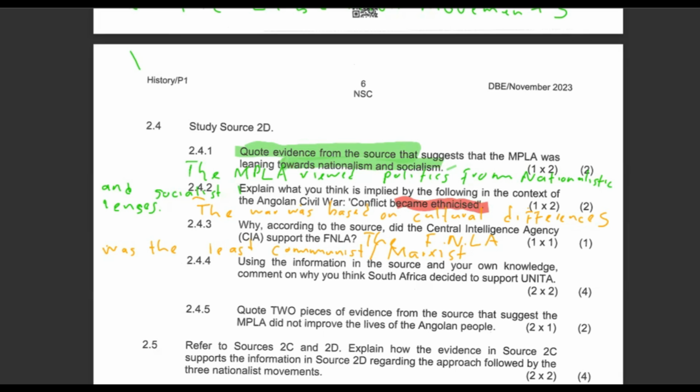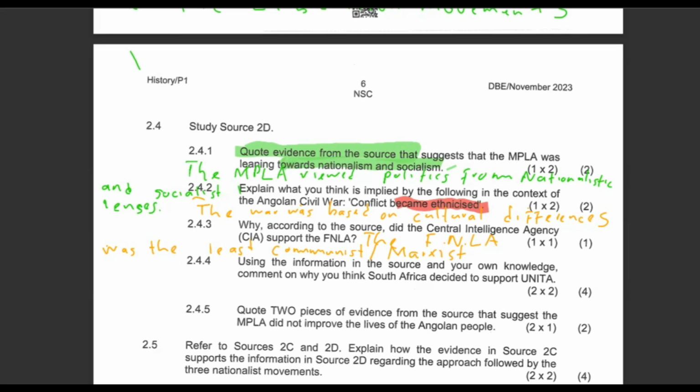Now, moving on to 2.4.4, using the information in the source and your own knowledge, comment on why you think South Africa decided to support UNITA. You know very well of the case between Namibia and South Africa.